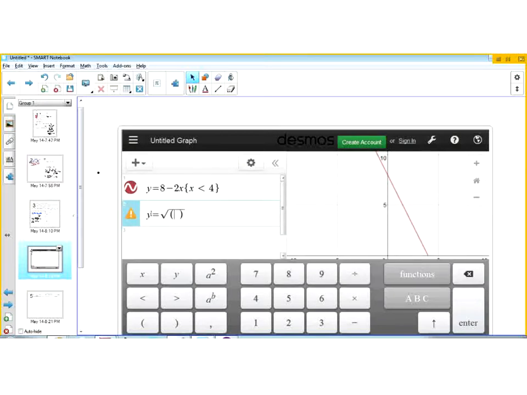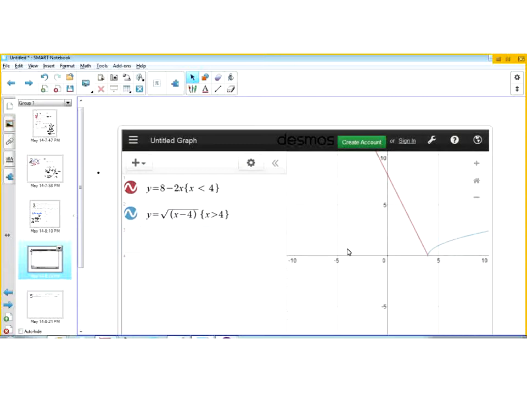Okay, so y is equal to the square root of x minus 4 for x, of course, greater than 4. So here's a piecewise defined function, and the function is not defined at x equals 4. So technically speaking, see right there, at x equals 4, the function is undefined. There's a hole.